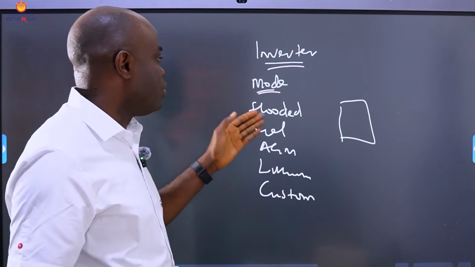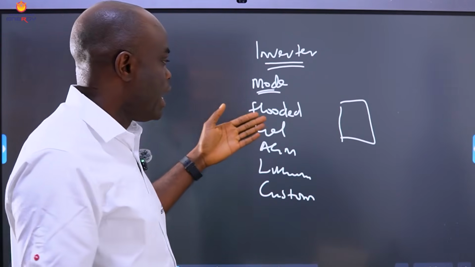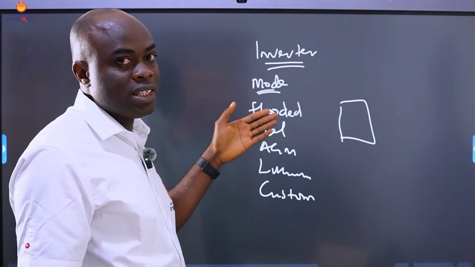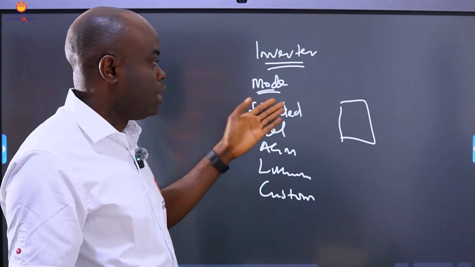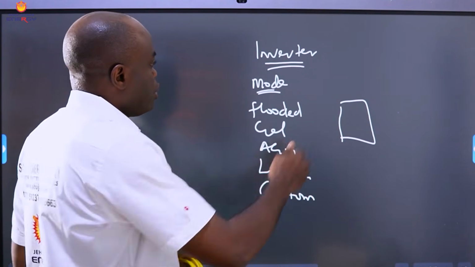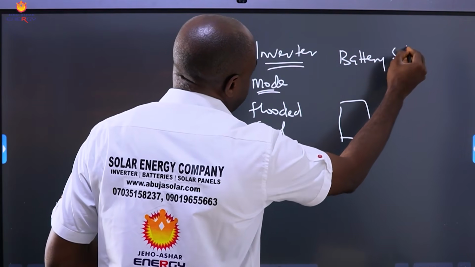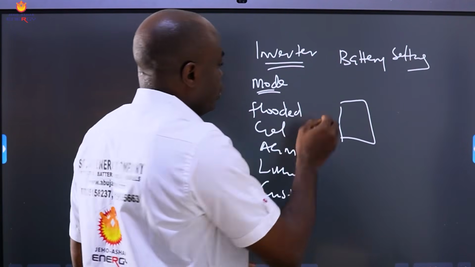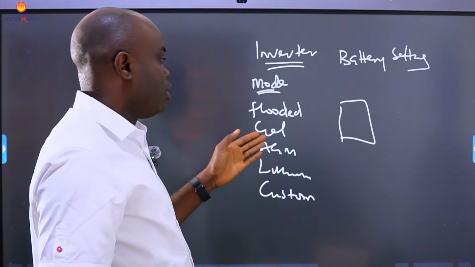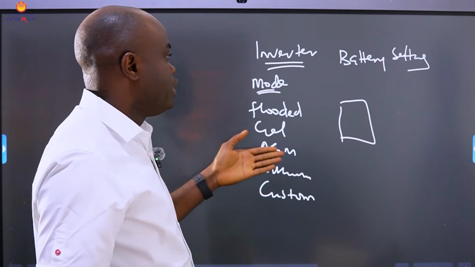So for example, if you are using a wet cell, a lead acid battery, that is flooded, you go to your battery settings. Under your battery settings, you can select flooded. If it's gel, you select gel. If it's AGM, you select it.